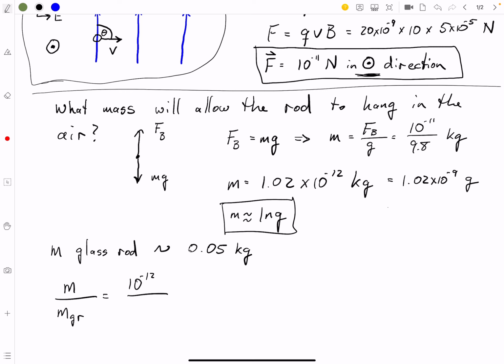We're going to divide that by 0.05, and we're left with 20 times 10 to the minus 12. It's just so much smaller. It's about 50 billion times smaller.